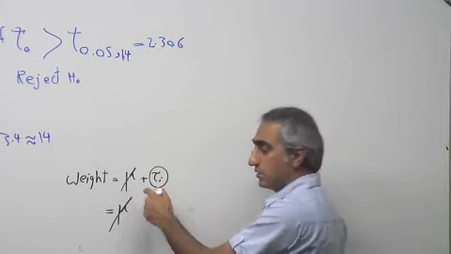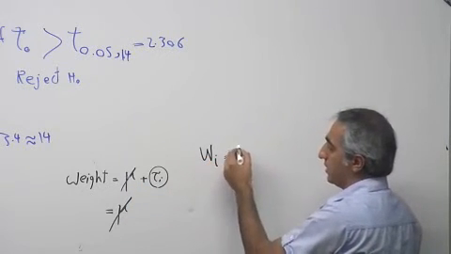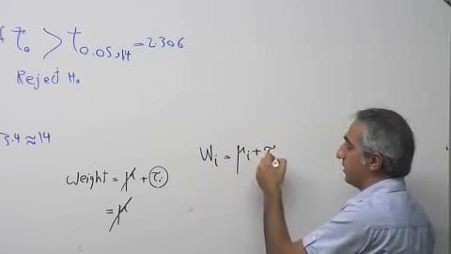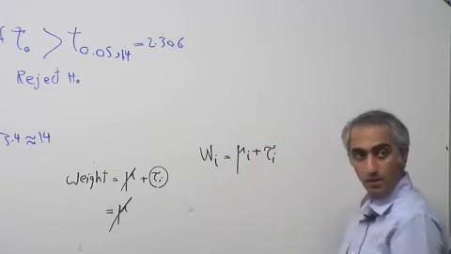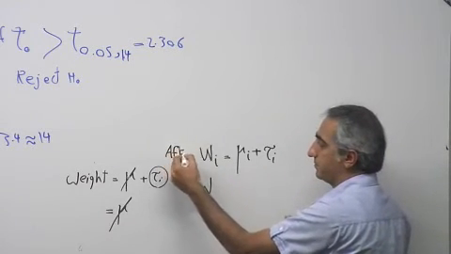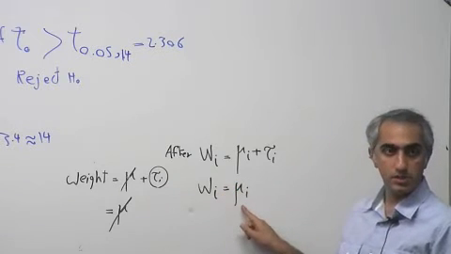Okay? So again, the weight of subject i is, let's say, mu i plus the effect of the diet program. This is for after. For before, it is this.